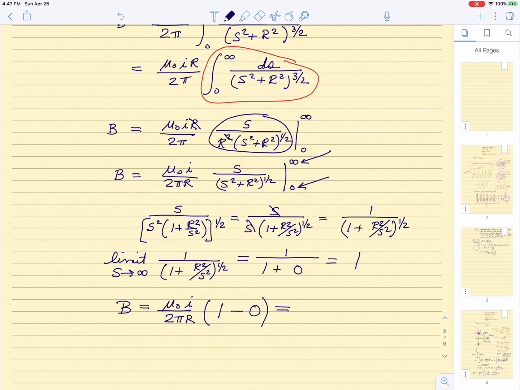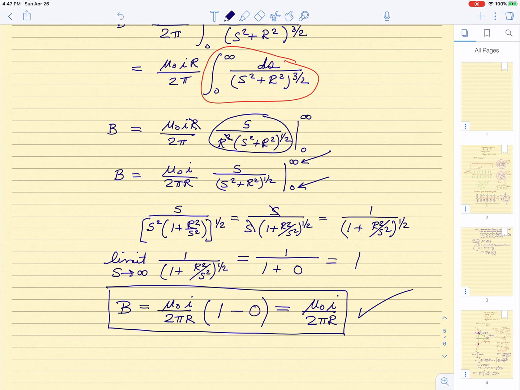And so that's just going to give you mu 0 I over 2 pi r, and we've derived that. Okay, awesome. So this is the magnetic field for a straight line current carrying wire a distance r away. Okay, so let's end there, and then I will pick it up in part 4.